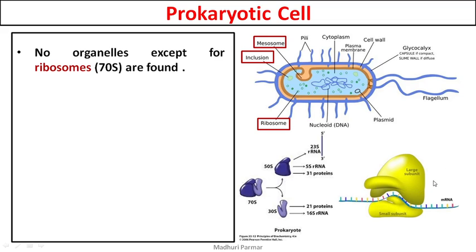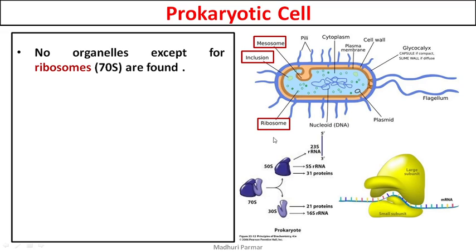The larger subunit is 50S. Here S means Svedberg's unit or sedimentation constant. Think of it like this. If you have a test tube, and in that test tube you put this large subunit and you swirl it around, so you already know that the things will settle down in the test tube, right?